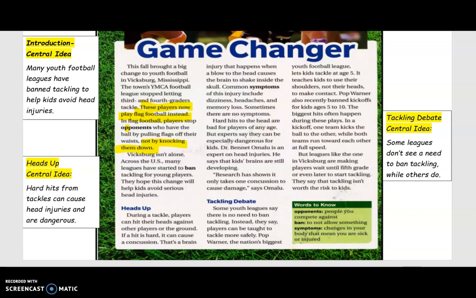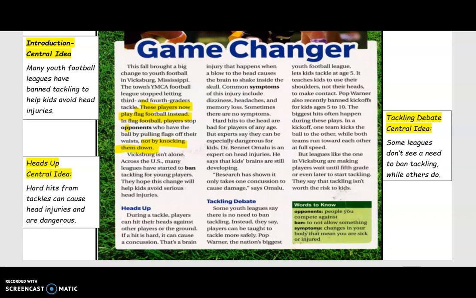All right, so for the section Heads Up, before we go on, I do want to do a real quick vocabulary question. If you're not sure what the word concussion means, read around it. It says if a hit is hard, it can cause a concussion.